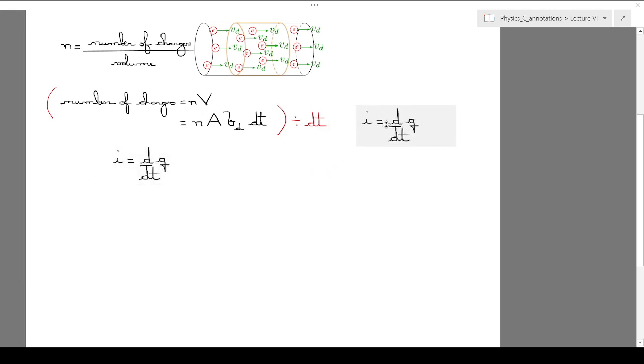to keep this in mind, and you can write that actually this as N E A times the drift velocity.